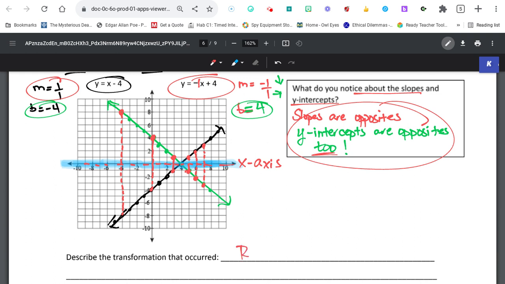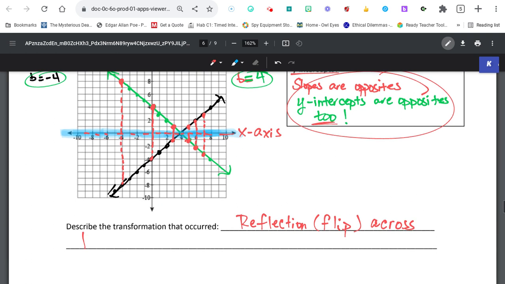It is a reflection, and another word for reflection that I like to stick to is just a flip across the x-axis. But in order for that to occur, both slope and y-intercept must be opposites, guys.